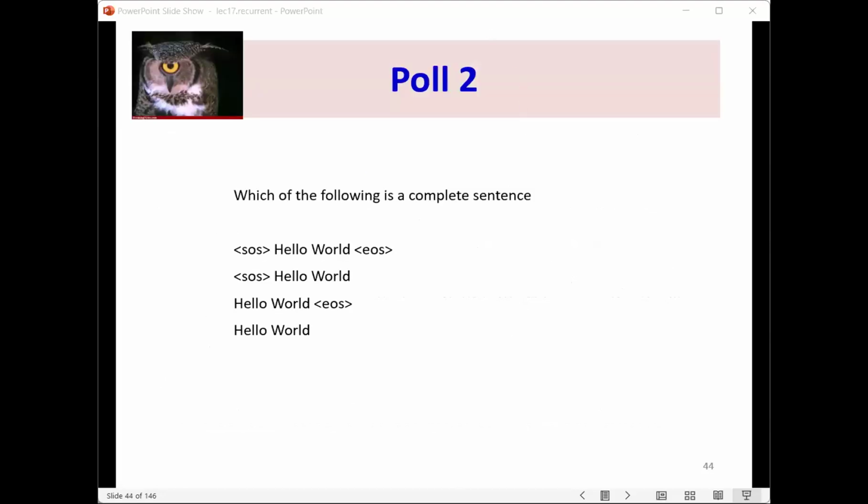With that said, here's your second one. Okay, this one's easy. 10 seconds, guys.